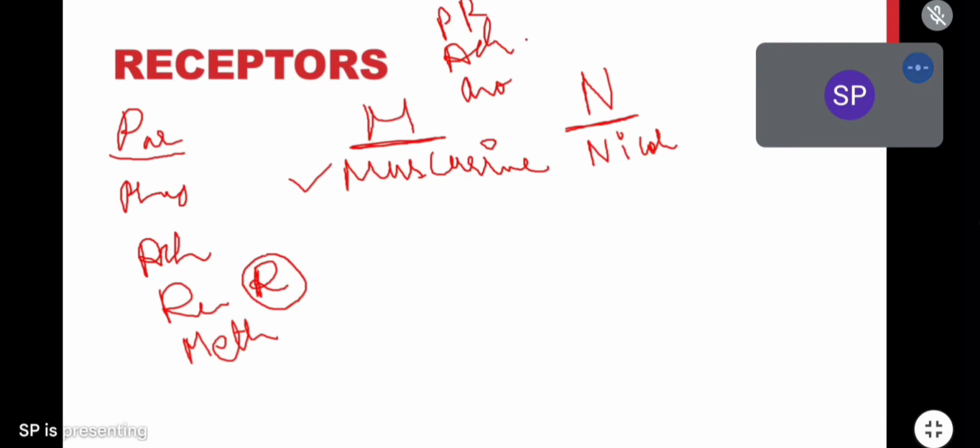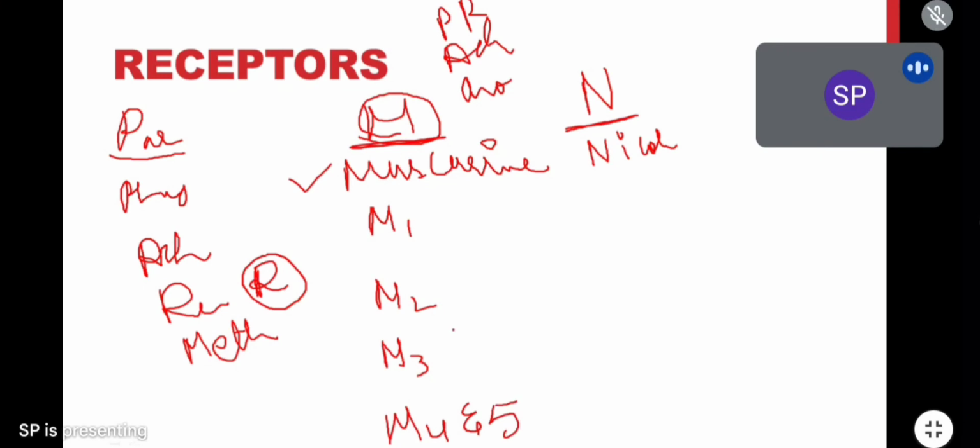In muscarinic receptors we have M1, M2, M3, M4 and M5. Total 5 receptors we have in M type, and in nicotinic receptors we have two types. One is NN and the next one is NM.